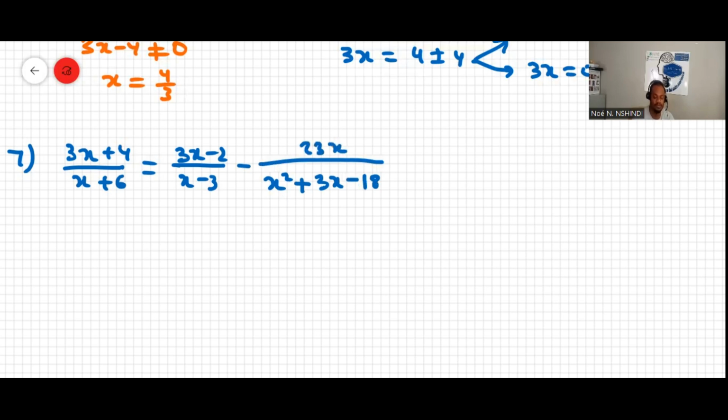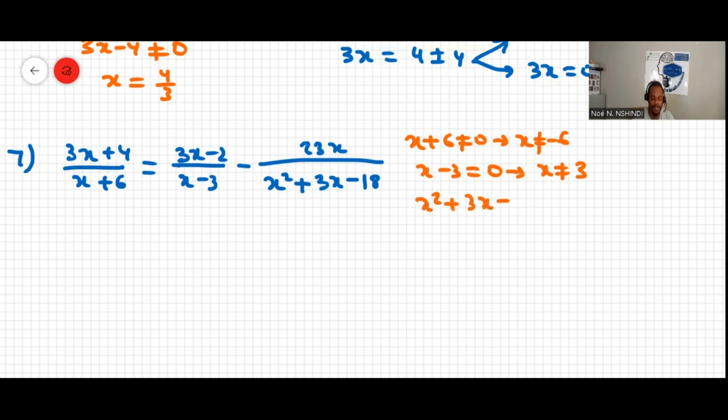Now, I prefer to start with the restrictions, okay? So we know that x plus 6 cannot be equal to 0, which means x must not be negative 6. x minus 3 cannot be equal to 0, which means x mustn't be 3. And for the other one, x squared plus 3x minus 18 cannot be equal to 0.